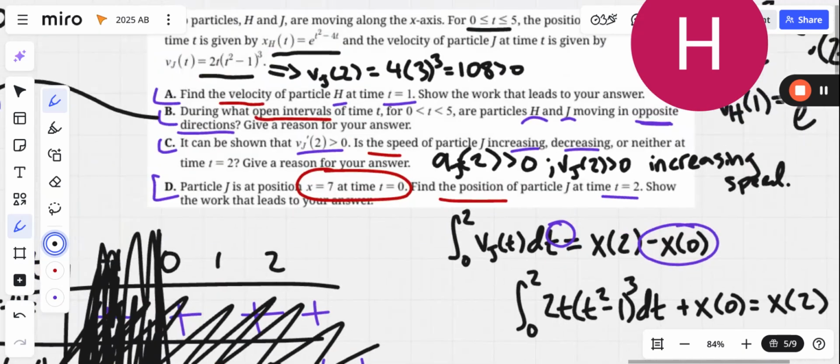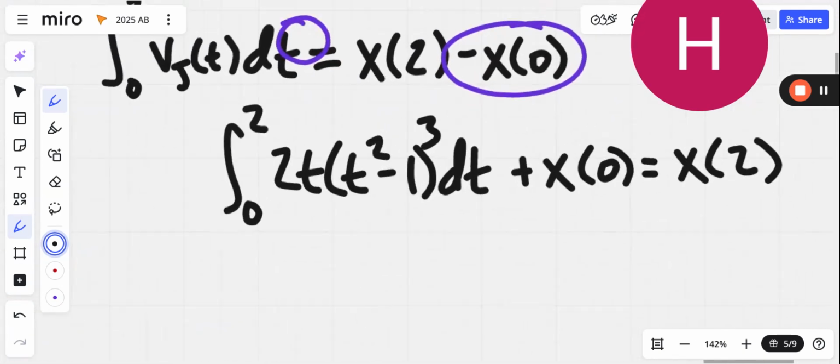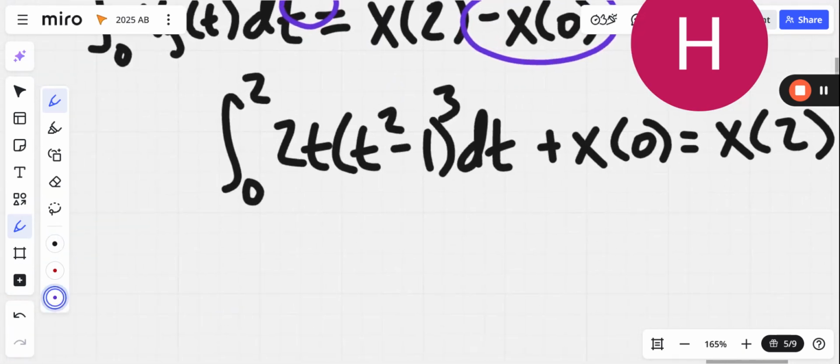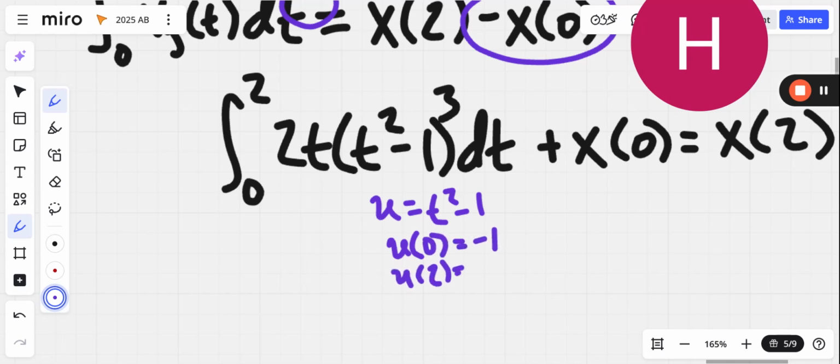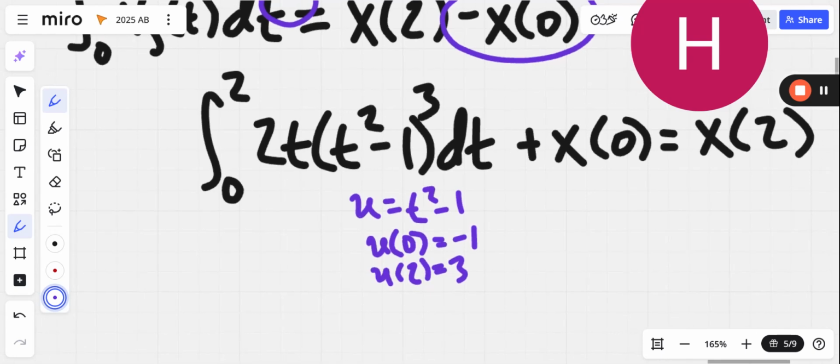We just have to u sub. It's not too bad of a u sub. But we do have to change our u limits. So instead we're going to go from -1 to 3, and then our du is already covered there because our du is just going to be 2t dt.